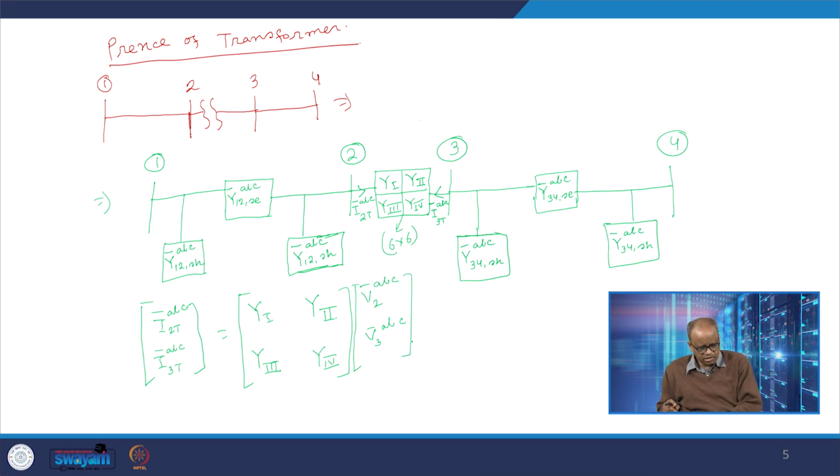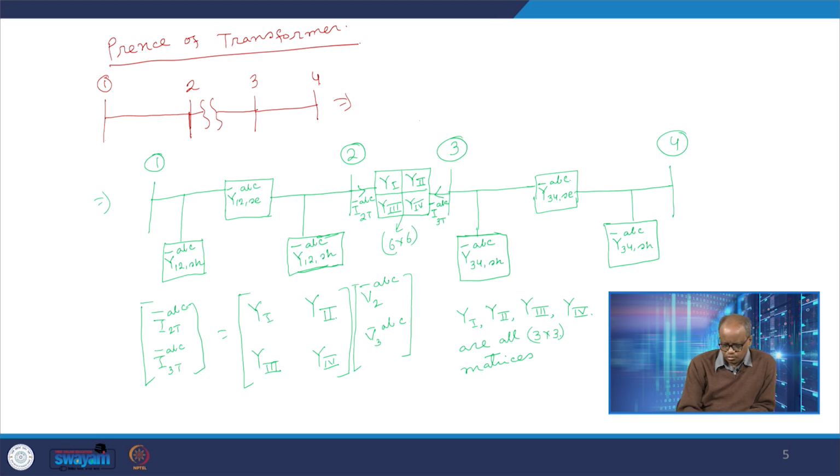So basically these currents which are entering into the transformer are related to the voltages by this equation, and we note that Y1, Y2, Y3, Y4 are all 3 cross 3 matrices.